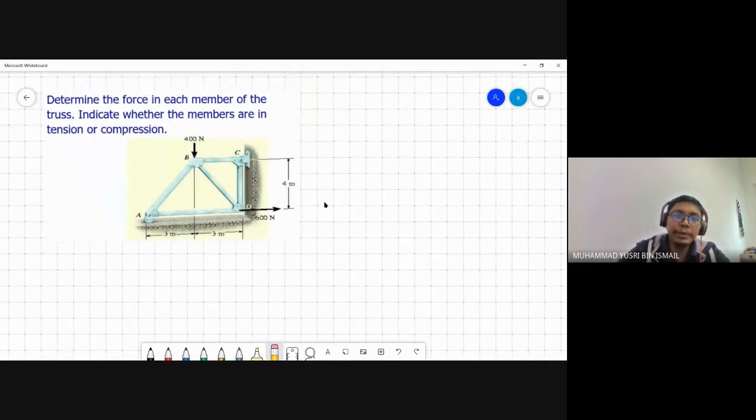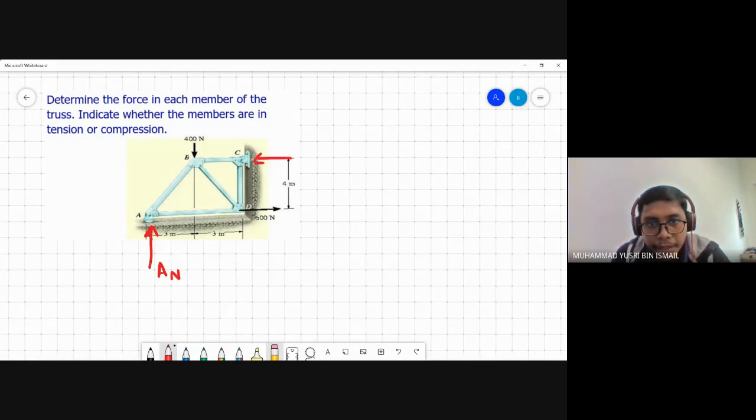Before you begin your calculation, we know that here is a roller. So the roller will have a normal force, and then here is a pin. So you will have Cx and Cy.